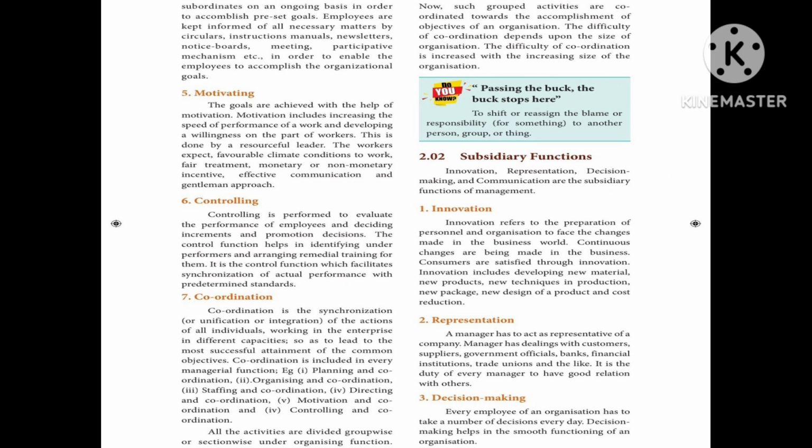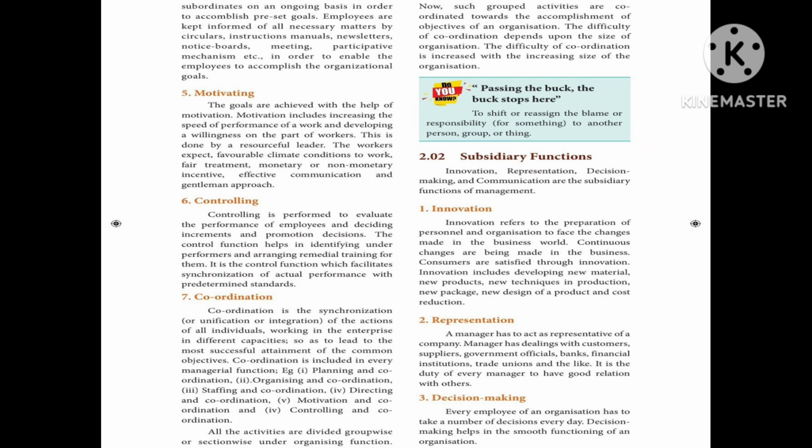Motivating. The goals are achieved with the help of motivation. Motivation includes increasing the speed of performance of a work and developing a willingness on the part of workers. This is done by a resourceful leader. The workers expect favorable climate conditions to work, fair treatment, monetary or non-monetary incentive, effective communication and gentleman approach.